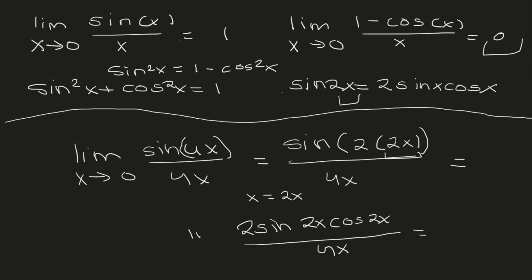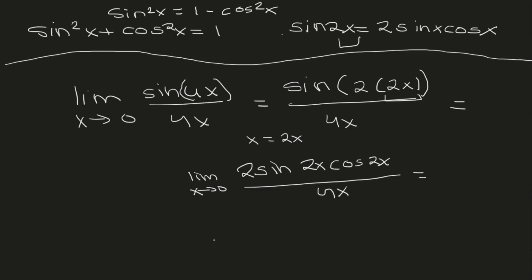And let's add our limit definition here. Finally, we can start substituting in values and factor values out as well. So let's factor out a 2/4 or 1/2 and put it outside the limit.